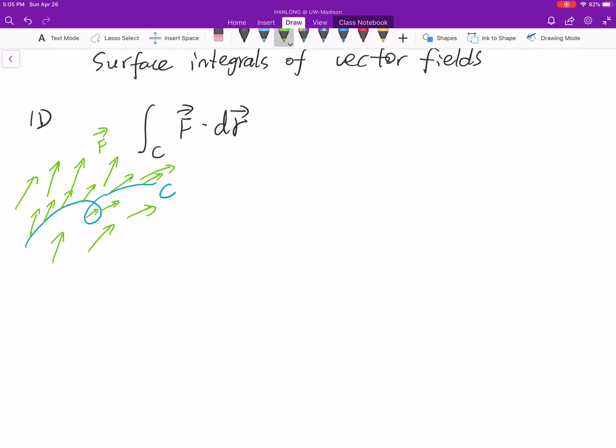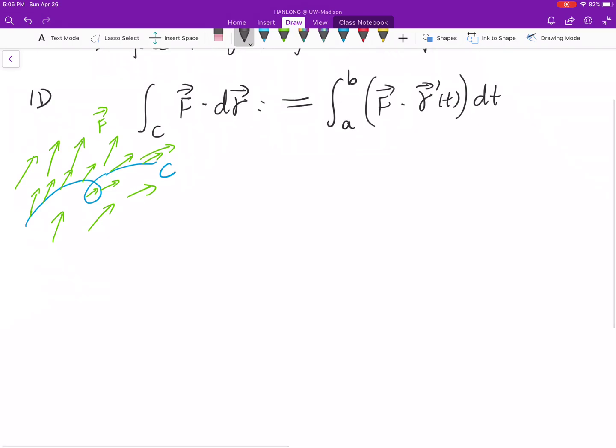Okay, and then the definition or the way to compute the line integral of the second kind is by parametrization. So as what we did last time, integral from a to b of F dot gamma prime t dt. If we would like, we can rewrite this as integral from a to b of F dot T ds.